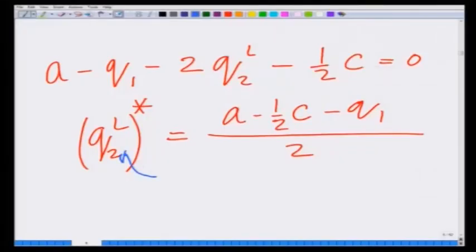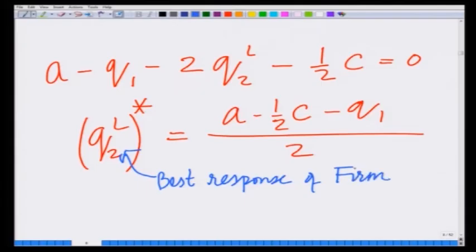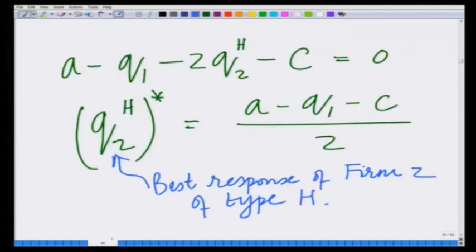We have derived q2L star, which is the best response of firm 2 of type L, and we have also derived the best response q2H star of firm 2 of type H.